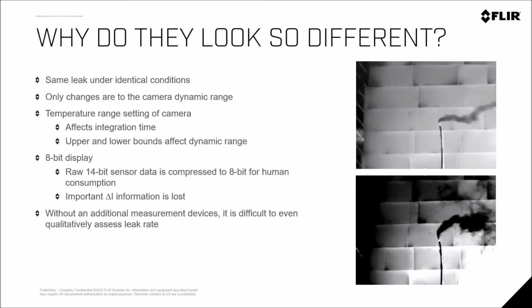They're changing simply the level and the span. But this is just to show that sometimes what you see may not have as much value as the reading that you have. They're changing that temperature range setting within the camera, and they're changing the way that it's displayed.